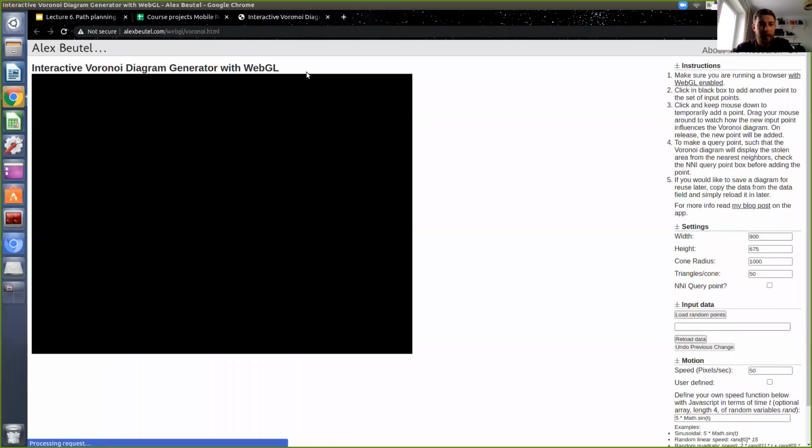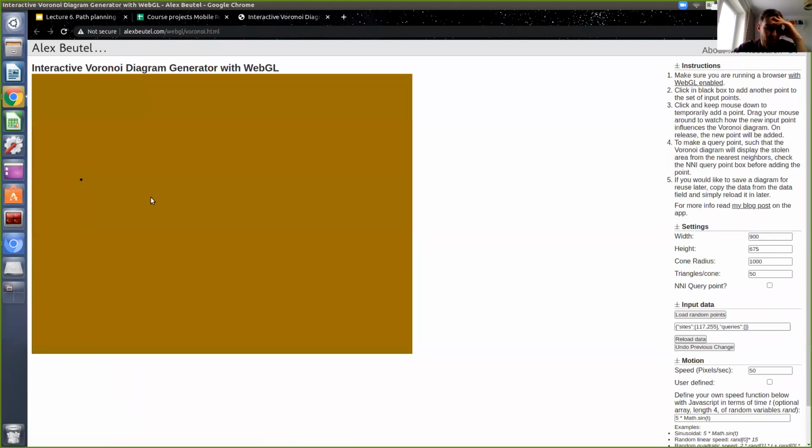Yeah, this one. So this is just an interactive Voronoi diagram generator. So imagine we have one point here, and then of course any point in this plane is considered close to this point. But as soon as we have a second point, every point in the blue region is closer to this point than to this point.